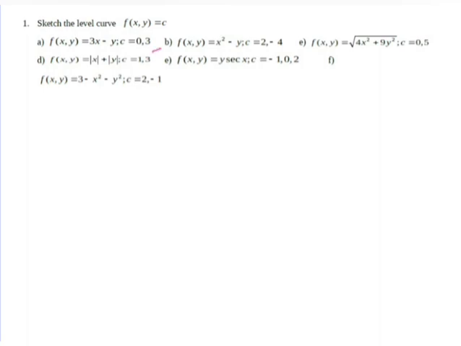ወደ B እንመጣለን። B ጋር ምንድን ያለን? The function in B is f of x comma y, which is equals to x square minus y.